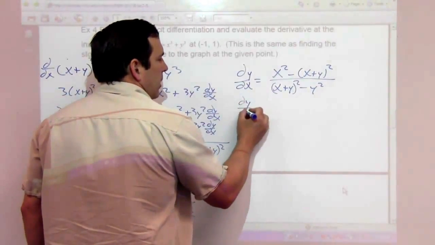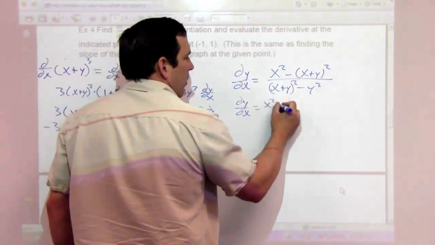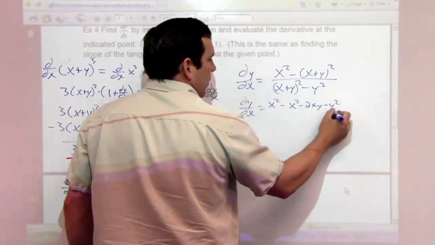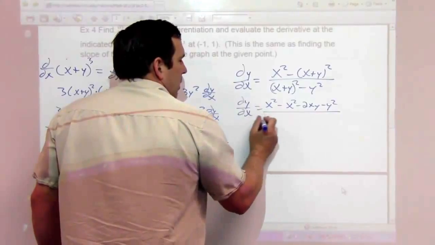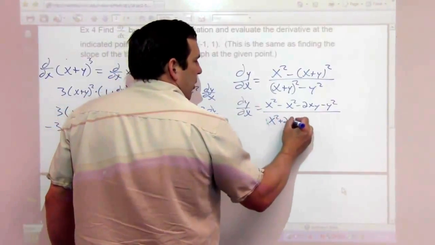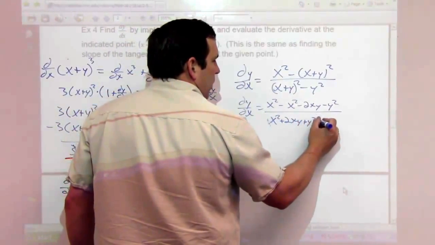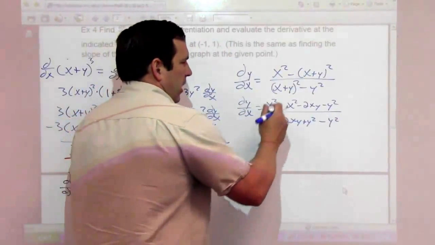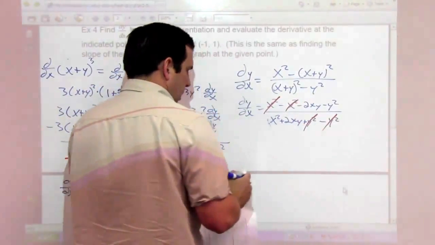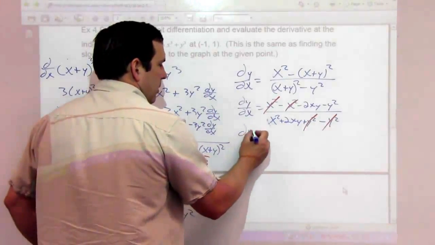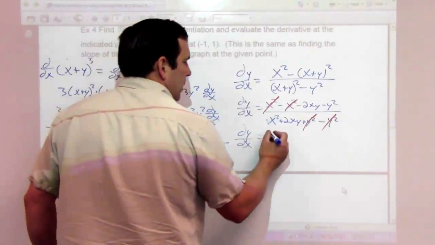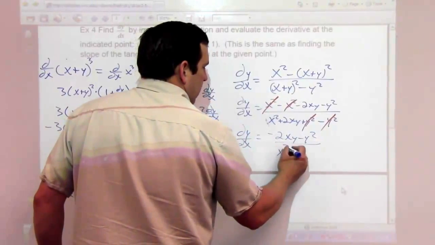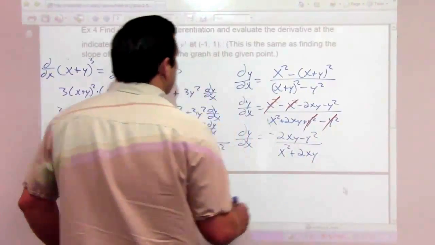We have dy/dx, that's x^2 minus x^2 minus 2xy minus y^2 over x^2 plus 2xy plus y^2 minus y^2. That cleans it up, I guess, a little bit. And the dy/dx is negative 2xy minus y^2 over x^2 plus 2xy.